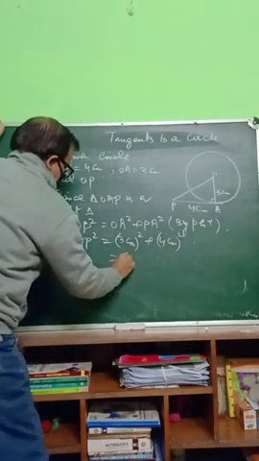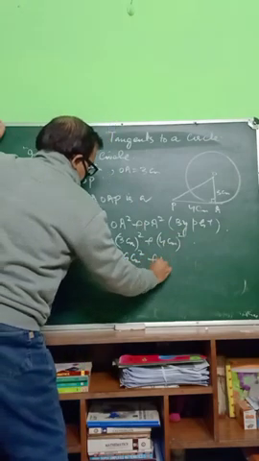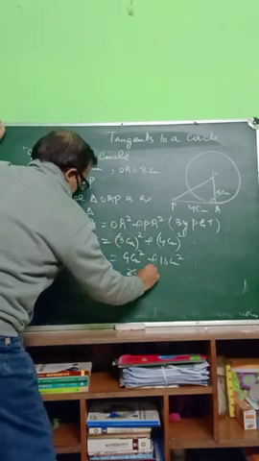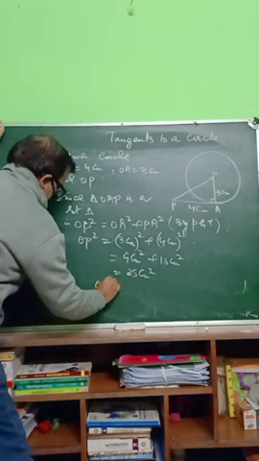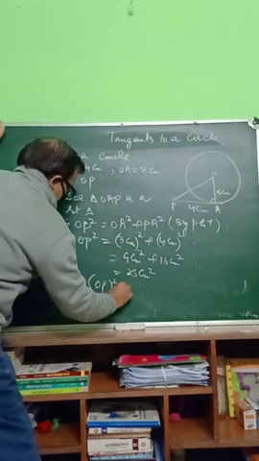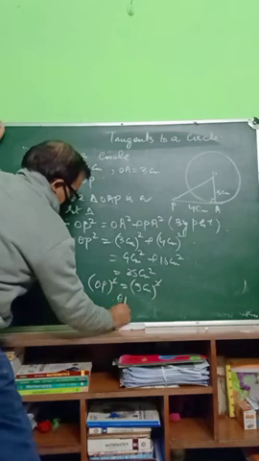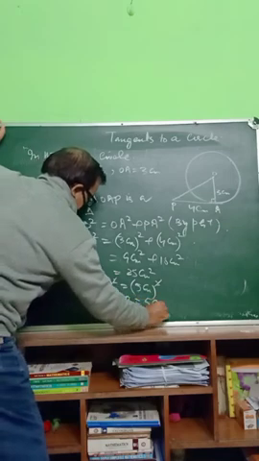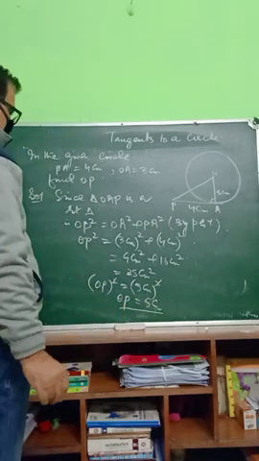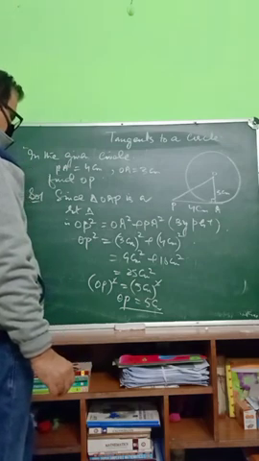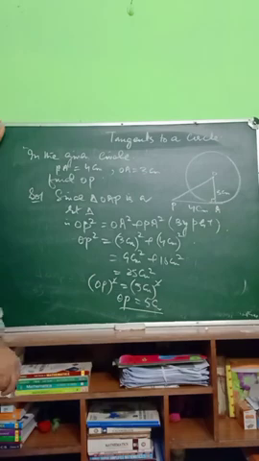This is 9 centimeter square plus 16 centimeter square. This is 25 centimeter square. OP whole square is equal to 5 centimeter whole square. Square gets cancelled. OP is 5 centimeters. Therefore, the distance from the center to the external point is 5 centimeters.